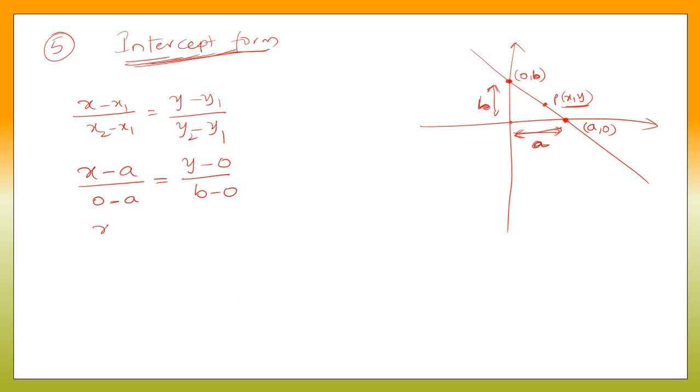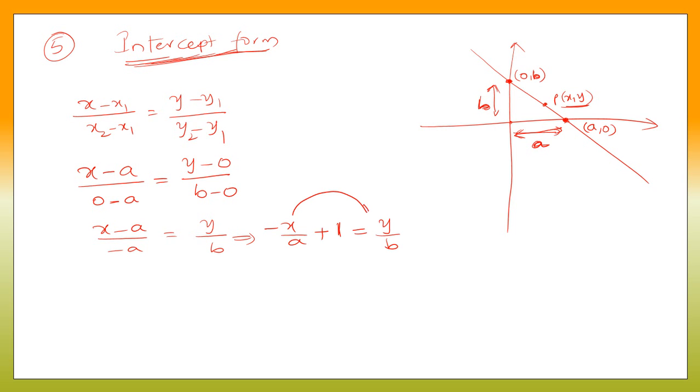From this what am I going to get? x minus a by minus a is equal to y by b. Simply, I can write this as minus x by a, this becomes minus a by minus a, which is nothing but plus 1, is equal to y by b.